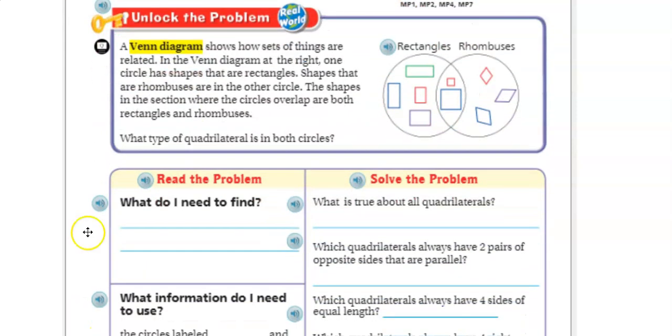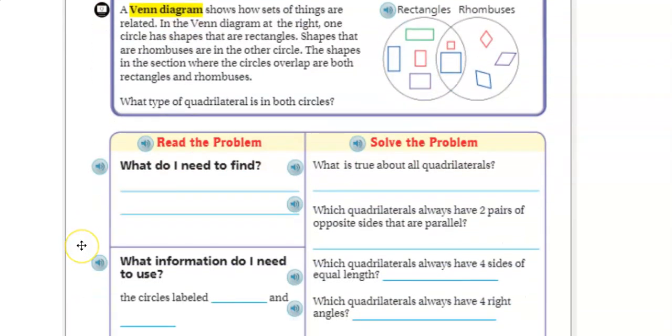So it says, what do I need to find? Hopefully you're reading the problem and you're seeing that you need to find out what type of quadrilaterals are in both circles. And then what information do I need to use? Well, when you look at it, the circles are labeled rectangles and rhombuses. So you know that you are going to be using all of this information up here on rectangles and rhombuses.